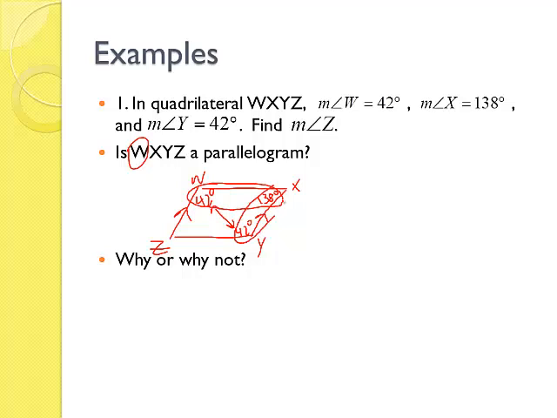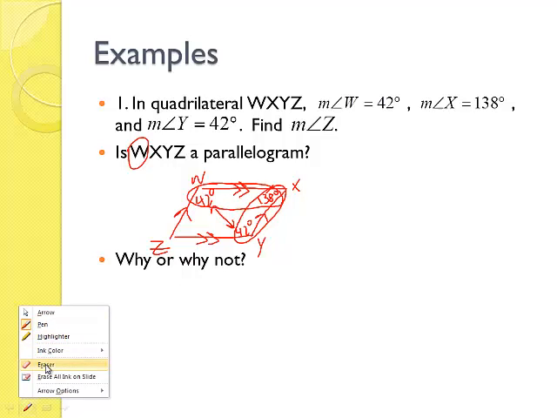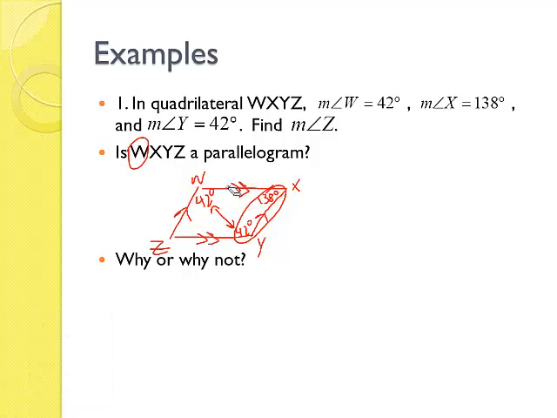The same thing holds true for here. That means these two lines have to be parallel as well. So if that's the case, automatically I've shown that I have a parallelogram here. I could show it easily by saying consecutive angles are supplementary, and we conclude that both pairs of opposite sides are parallel.